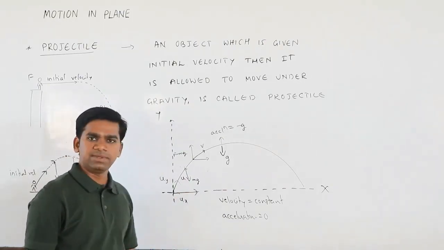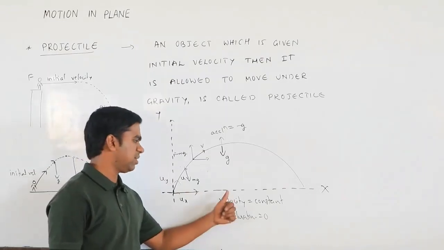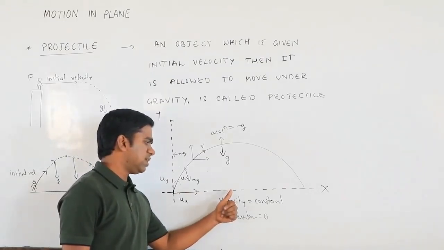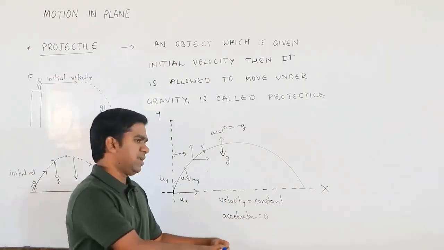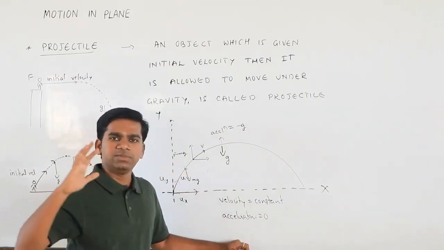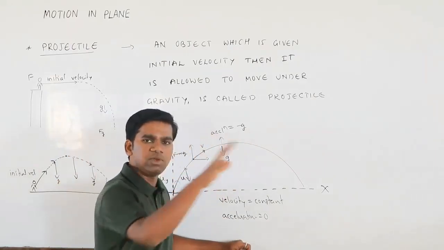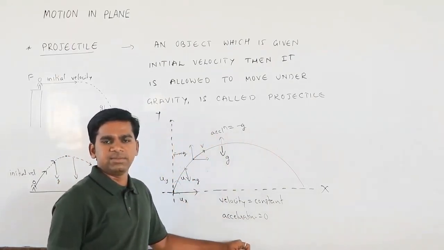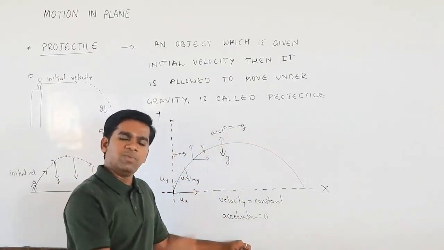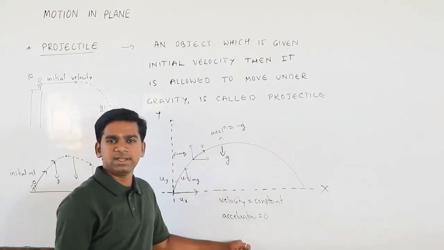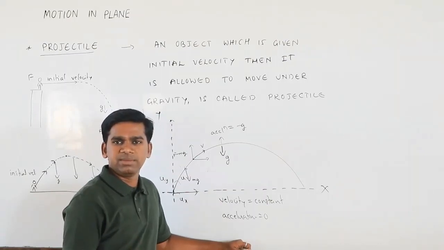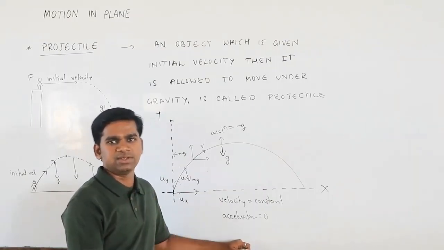Then you may ask me, sir, is there air in the atmosphere? It is not possible for an object to continuously move with the same velocity in the horizontal direction, because air will oppose it. Obviously its velocity will go on decreasing. If velocity goes on decreasing, obviously acceleration or retardation will come into action.